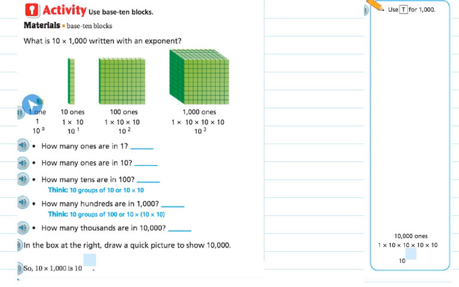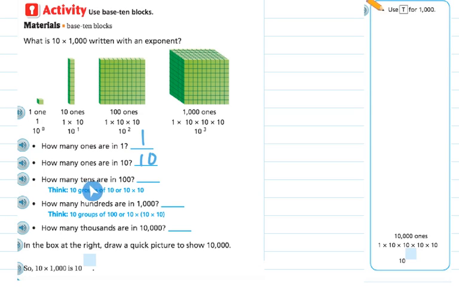So we look at our 1, and we see that there is 1 inside of 1. Next, we move on to our next question. How many ones are inside of 10? So we look at our 10, and we know that there are 10 ones inside.